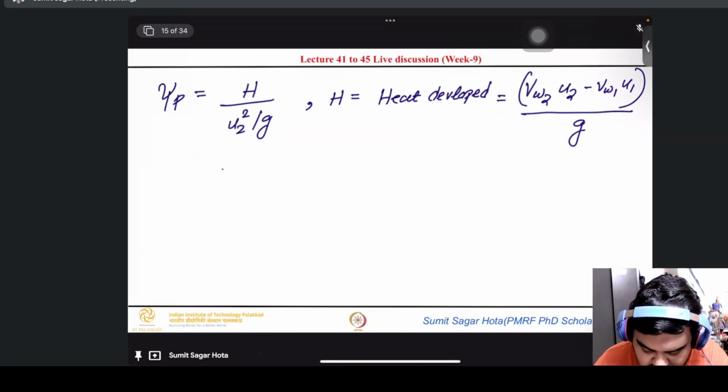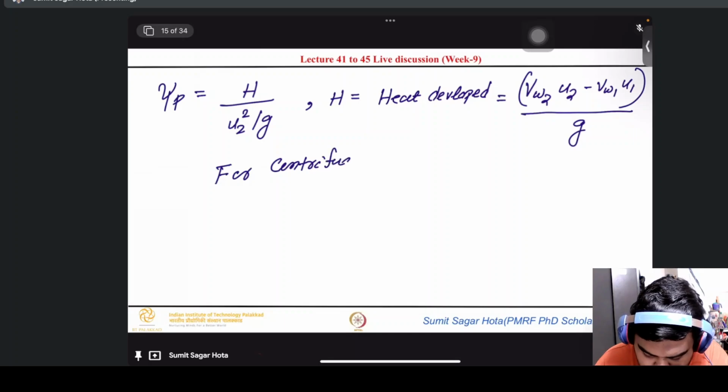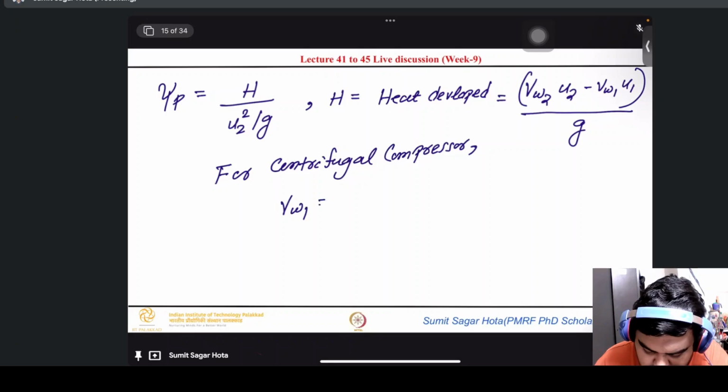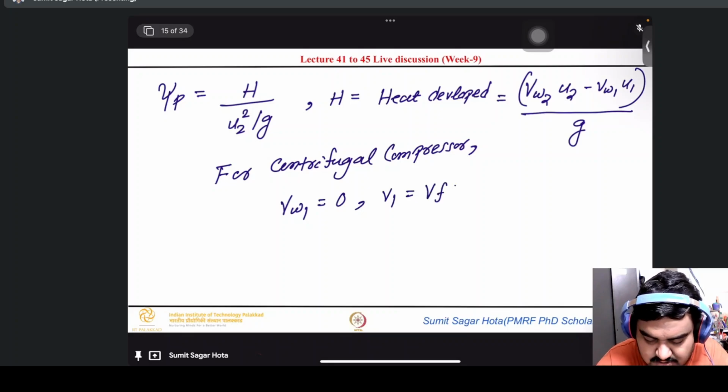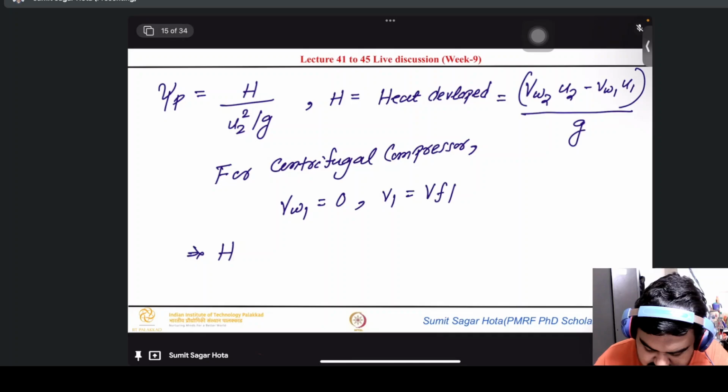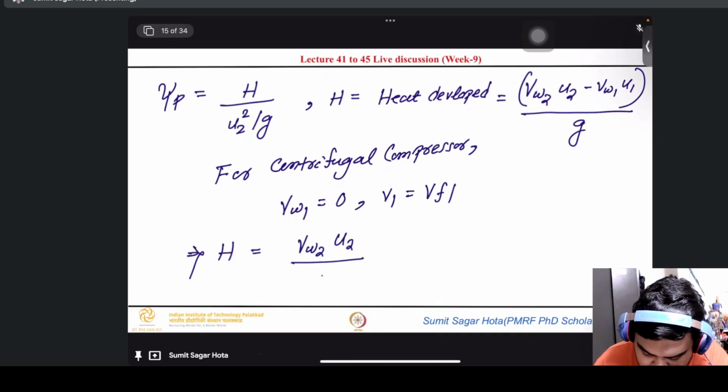So for the centrifugal compressor, Cw1 equal to 0. Now you have to reduce this expression, so H is equal to Cw2 U2 divided by g.